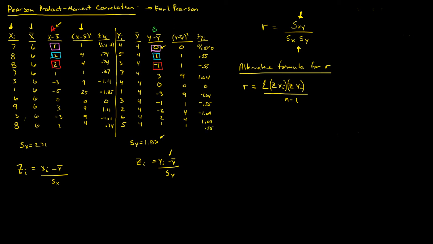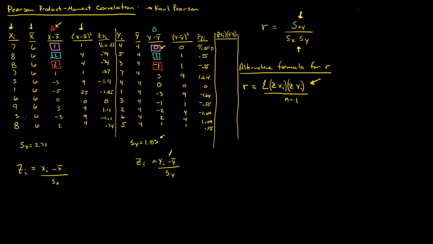All we need now to fulfill the numerator of our alternative formula is a cross product. If I segregate this piece out to make a column, this column would become the z x i multiplied by the z y i.